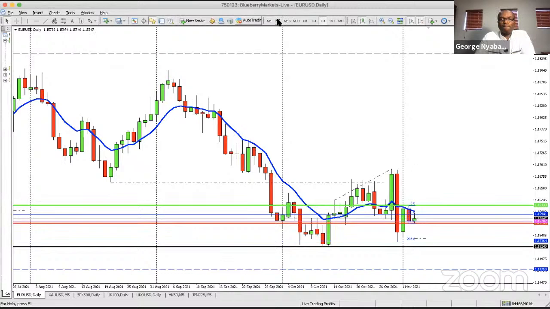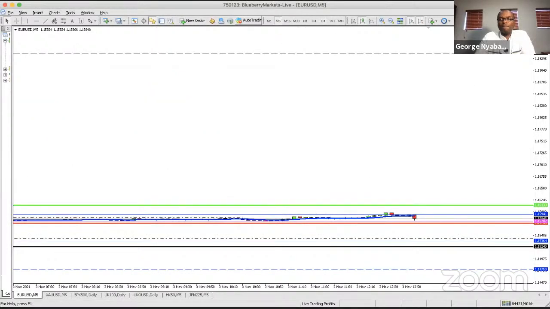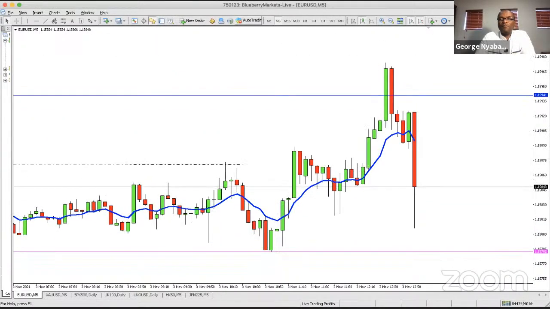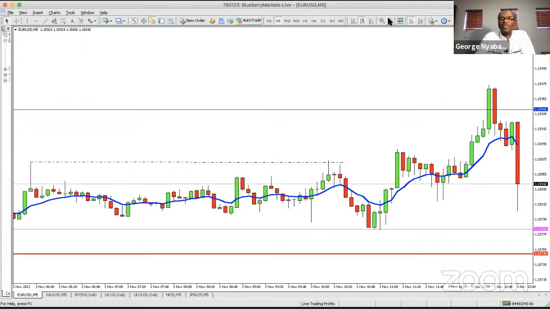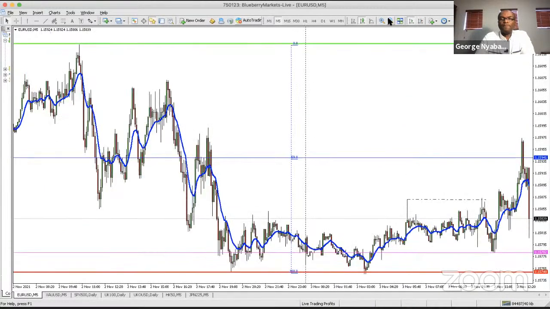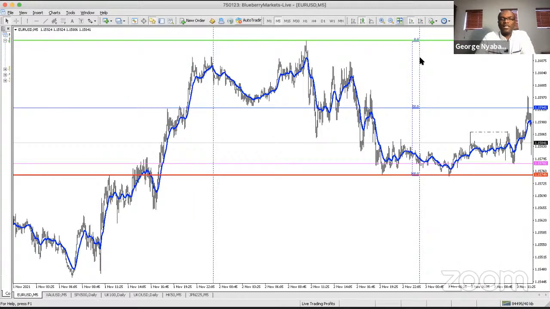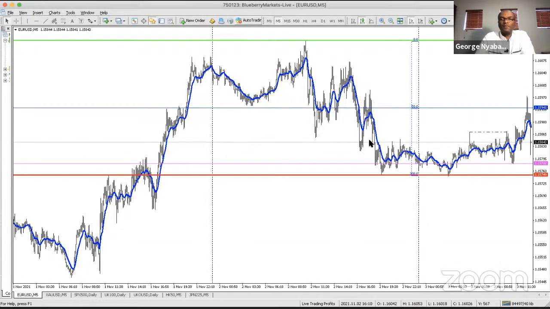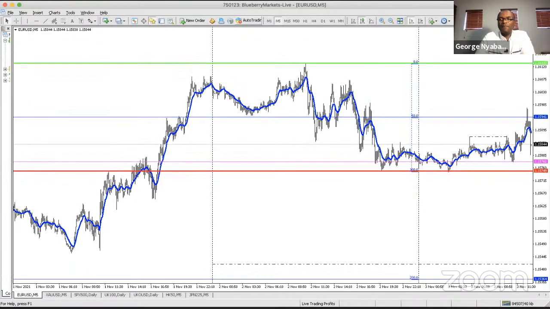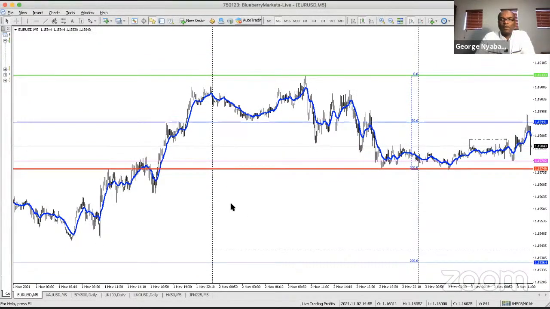So the 5-minute time frame is the one that we're trading off. Let's give you sight first of how we're seeing things. High of yesterday, low of yesterday. If the bears break beneath this, there is a measured move.